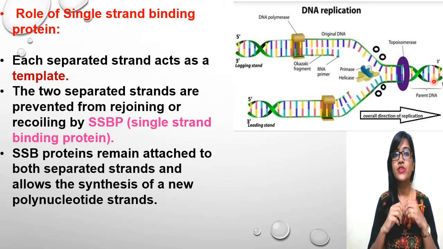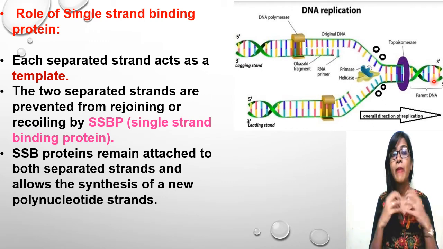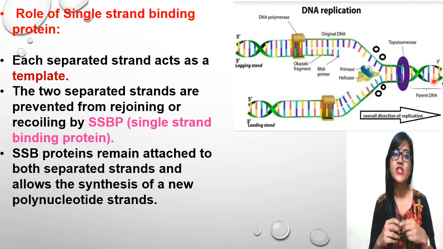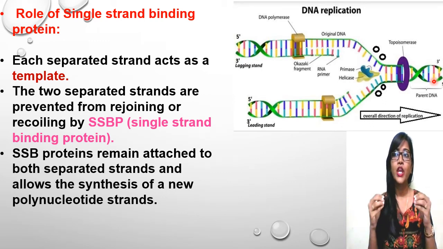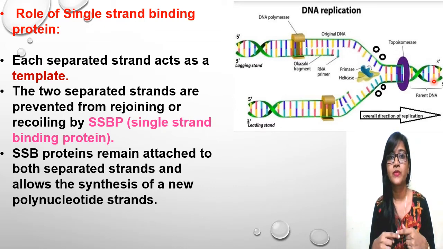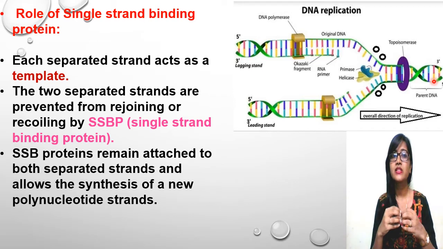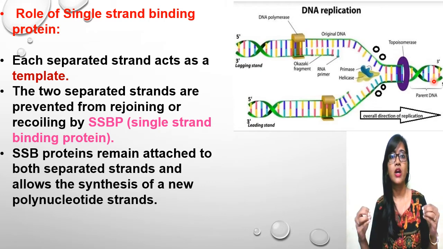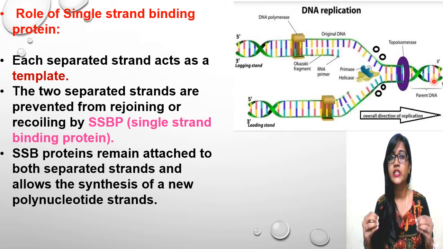If you just remember or imagine a spring-like structure, if that spring-like structure is completely twisted, it has a certain shape. When you stretch the spring, there is a change in its shape.